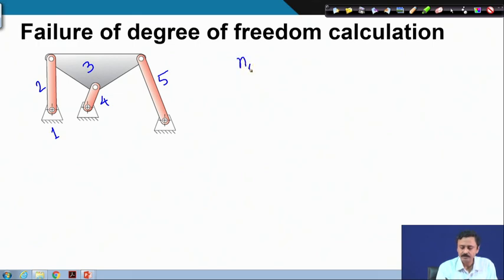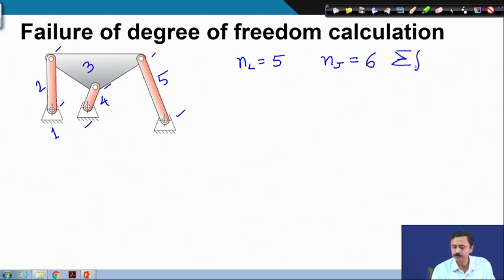So, number of links is 5, and number of joints is 1, 2, 3, 4, 5, 6. So, there are 6 joints, they are all revolute pairs. Therefore, summation of degree of freedom of these joints is 6.